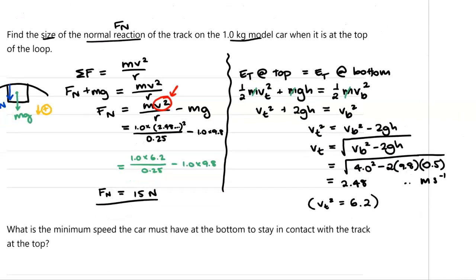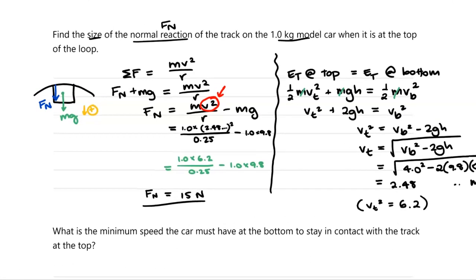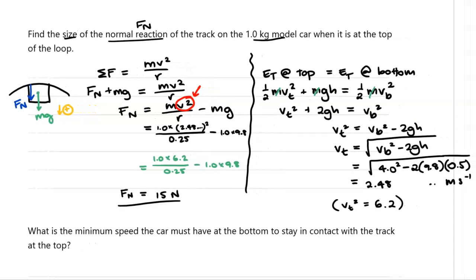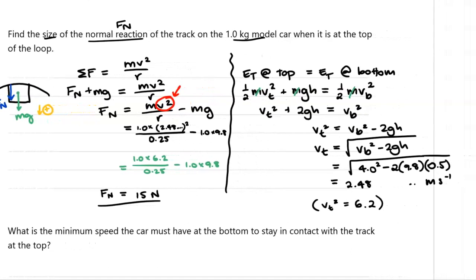So as a reminder, we started off looking at the forces involved, and that was working fine until we realized we didn't know the velocity of that cart at the top. It couldn't be 4 meters per second because some kinetic energy was being converted to gravitational potential energy. So we used that energy approach to find that missing velocity and put that back into our situation with the forces to be able to calculate that normal force.